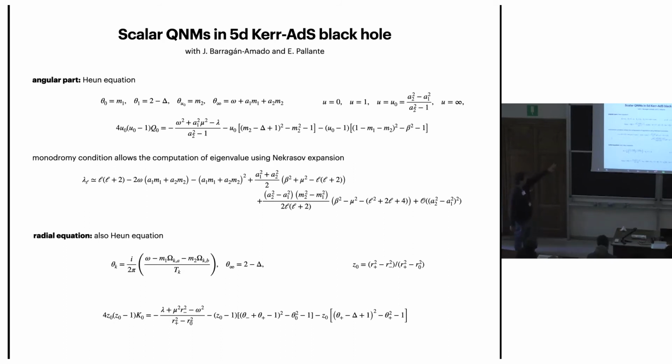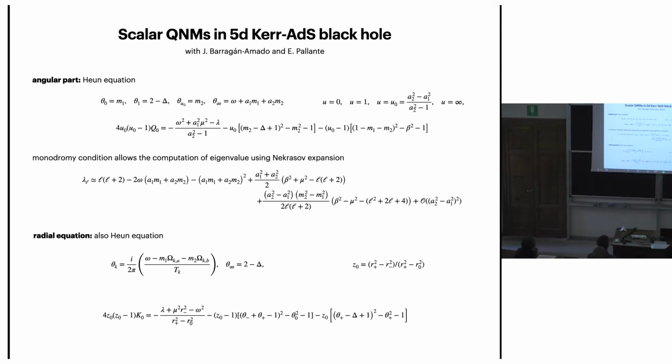Delta there is the conformal weight, the conformal dimension. M1 and M2 are the eigenvalues of the 2 angular momenta that you have in 5 dimensions, of the 2 Weyl subgroups of the rotation group. And the analog of the expansion parameter is given by the ratio of the difference between the 2 rotation parameters, a1 and a2.